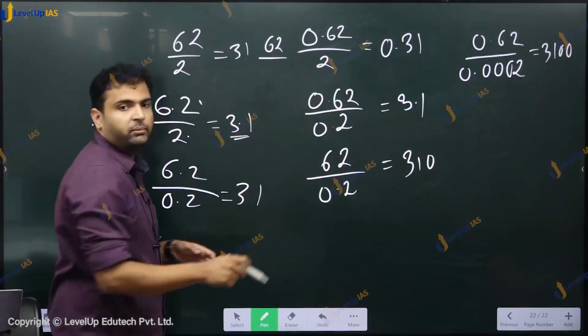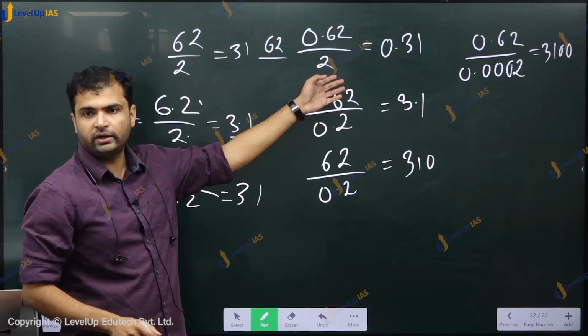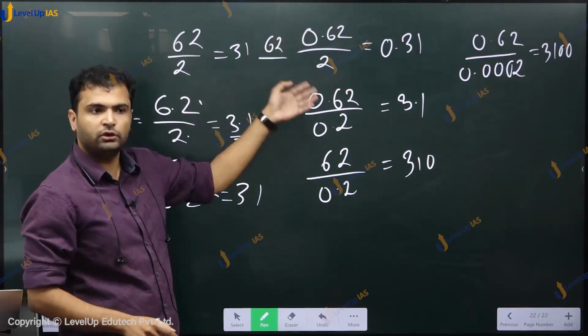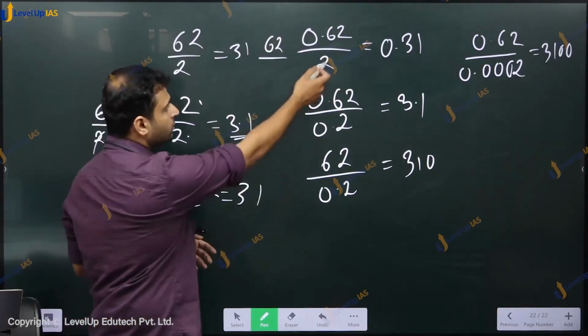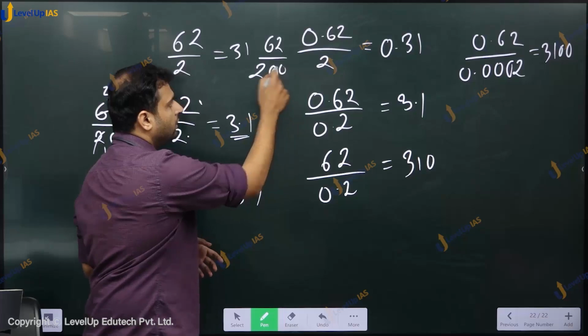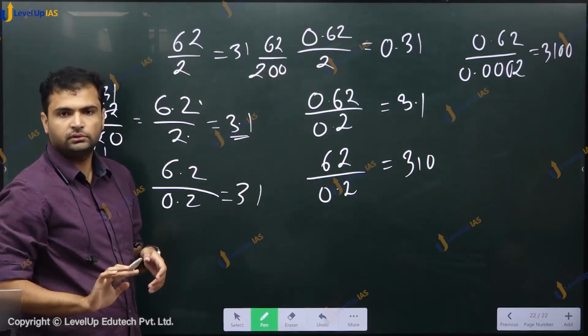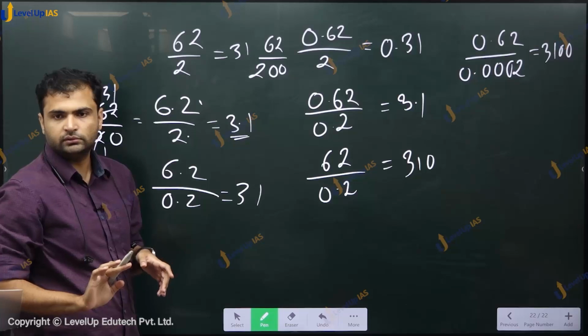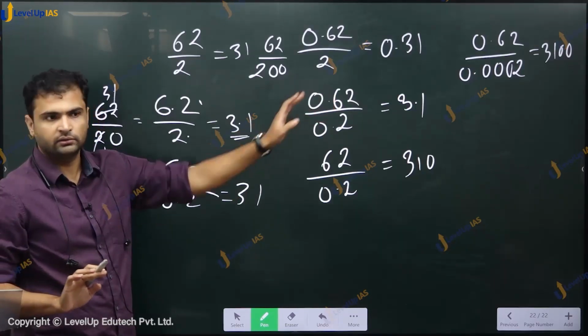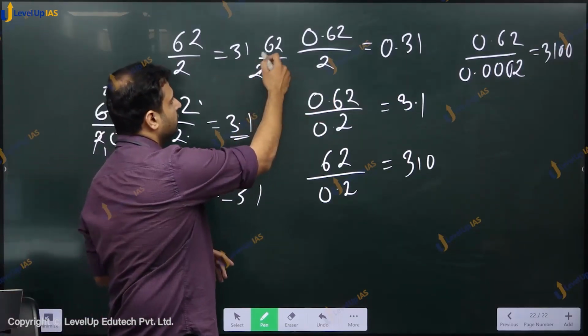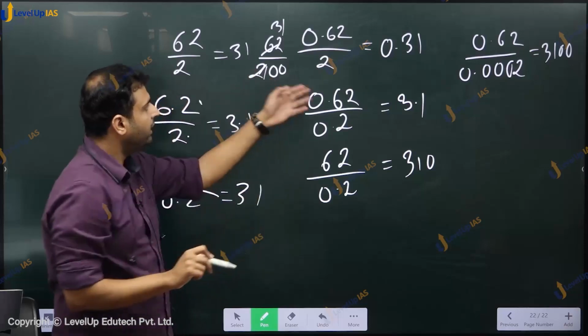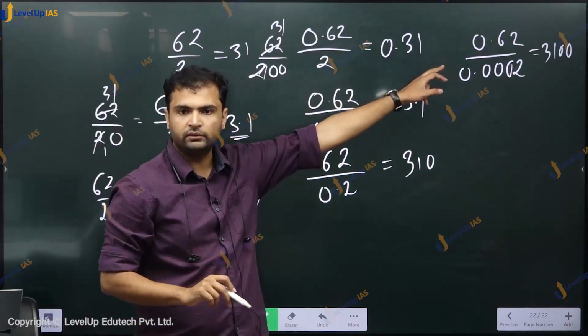So you have to multiply denominator also by 100, because if we did it in the numerator, we have to do it in the denominator too. So what is 2 into 100? 200. Right? 2 into 100 is 200. 31 divided by 100, which is 0.31.